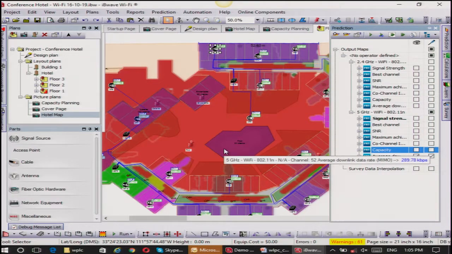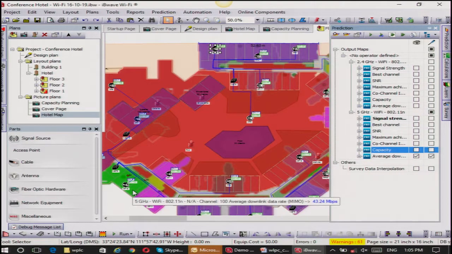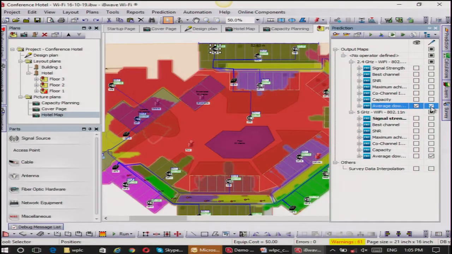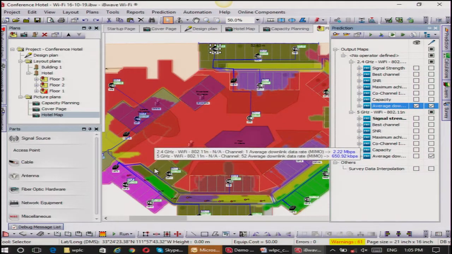For example, in the pool area, it is only 289 kilobits per second. And in this area where you don't really have that many users, it goes up to 43 megabits per second. So you can do that in both 5 and 2.4 gigahertz.